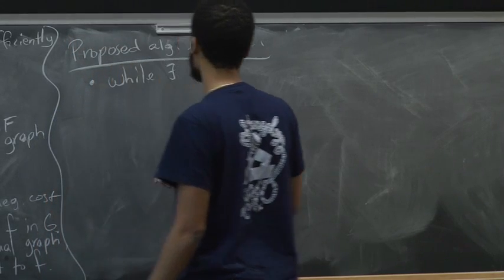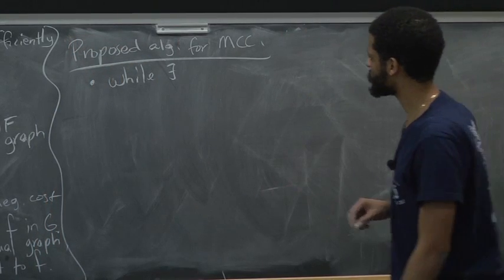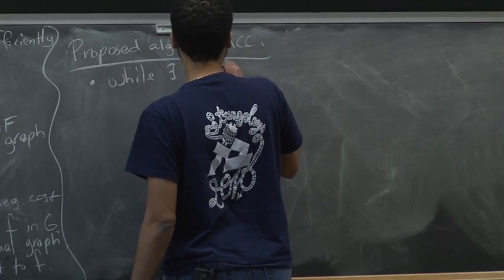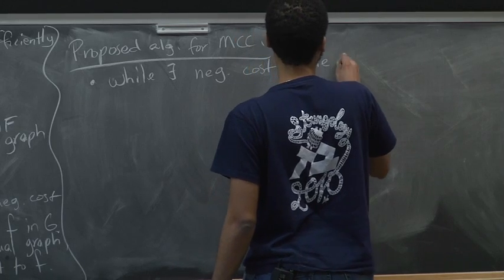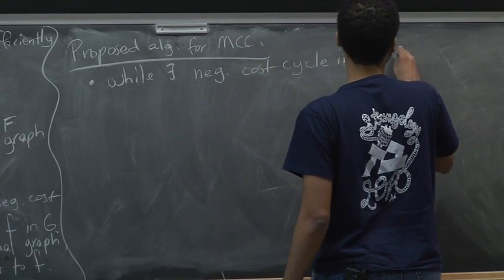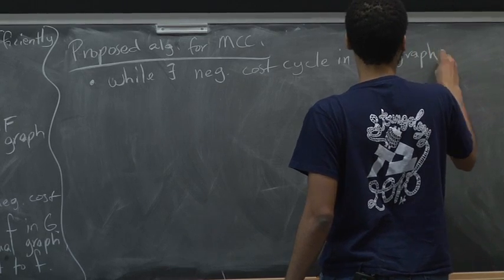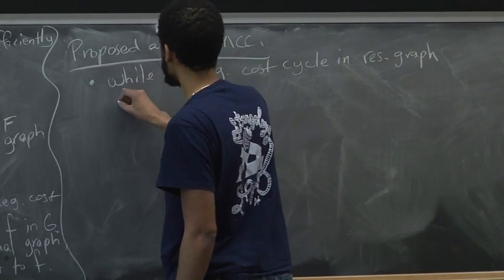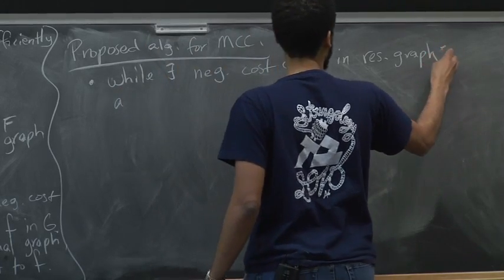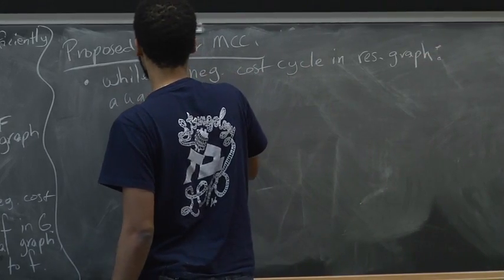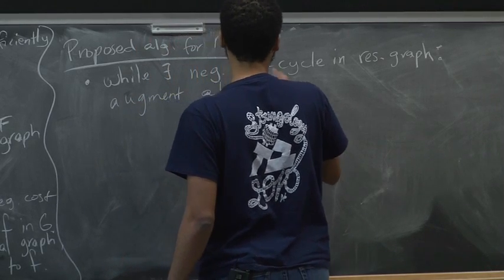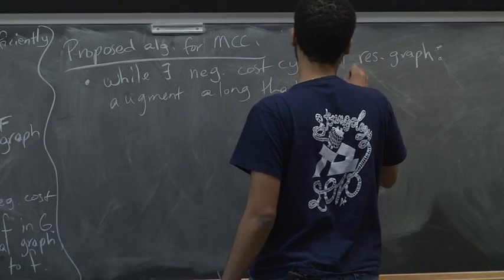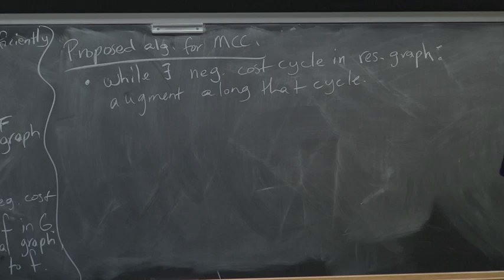While there exists a negative cost cycle in the residual graph, augment along that cycle. That's the whole algorithm.